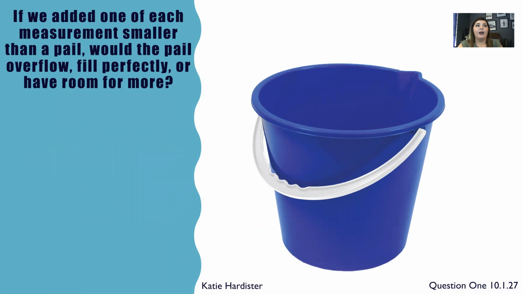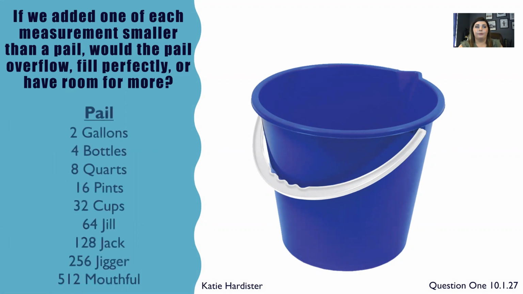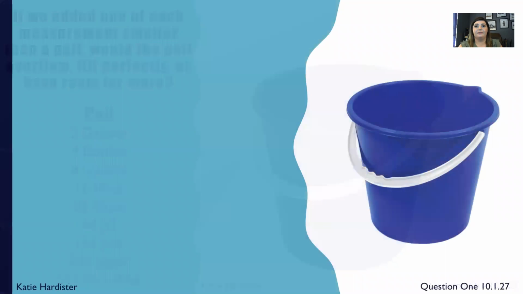And so if we added each of them, would it fill it perfectly or would it have more room? So the pail would hold 2 gallons, 4 bottles, 8 quarts, 16 pints, 32 cups, 64 jills, 128 jacks, 256 jiggers, or 512 mouthfuls to fill it.